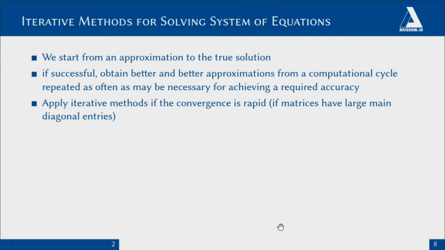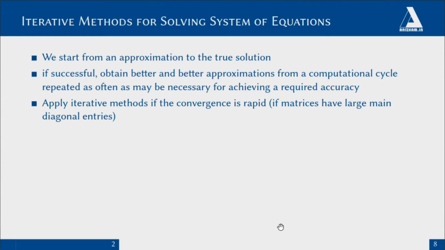We go for the iterative methods if the convergence is rapid. That is, if the matrices have large main diagonal entries. If we represent the coefficients of the variables as a coefficient matrix, and the main diagonal has large entries compared to the other entries, then we can go for the iterative methods.